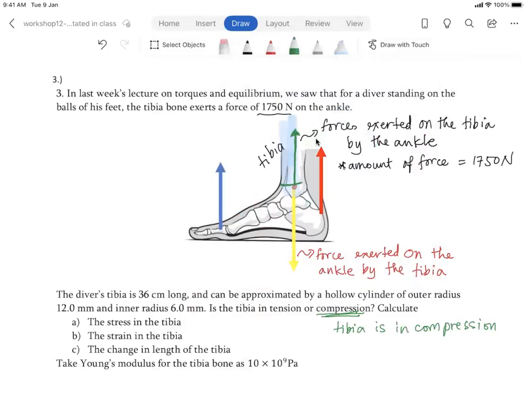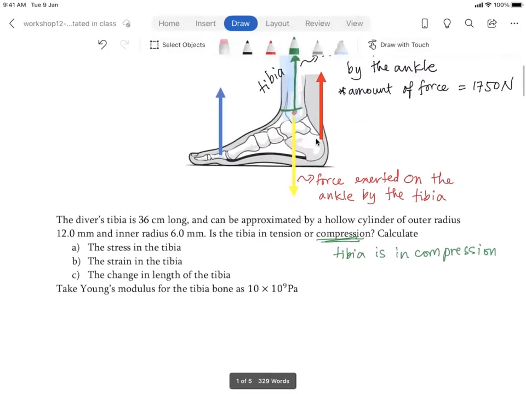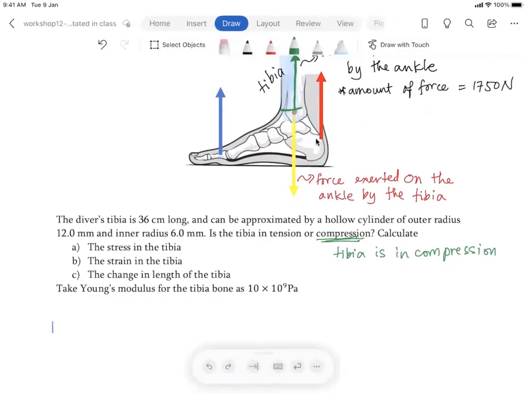Okay, so the next question asks us to calculate the stress in the tibia, and then the strain in the tibia, and the change in length of the tibia. And we're given here the Young's modulus for the tibia bone is 10 times 10 to the 9 pascals. Okay, so let's write down what we're given.